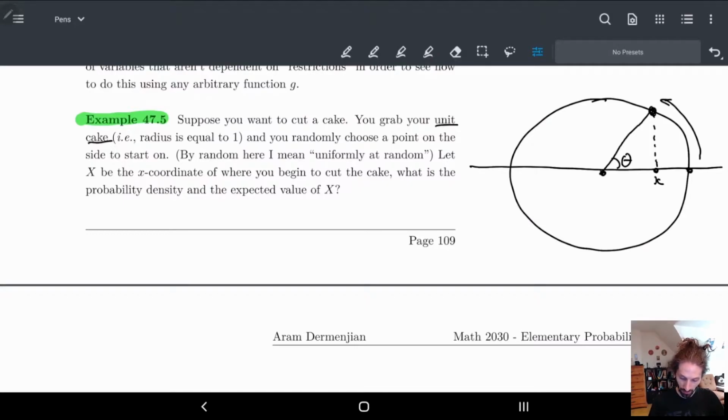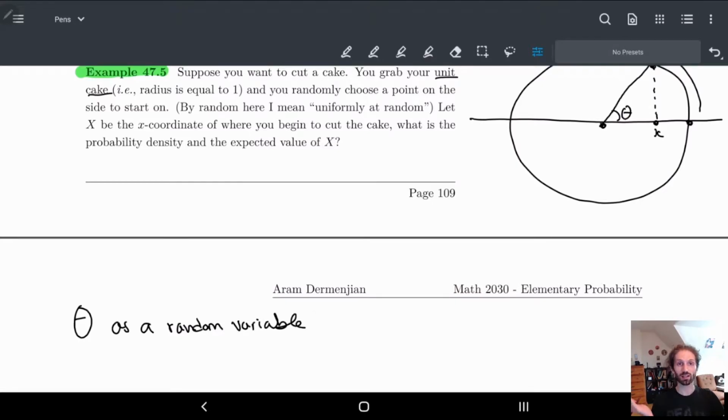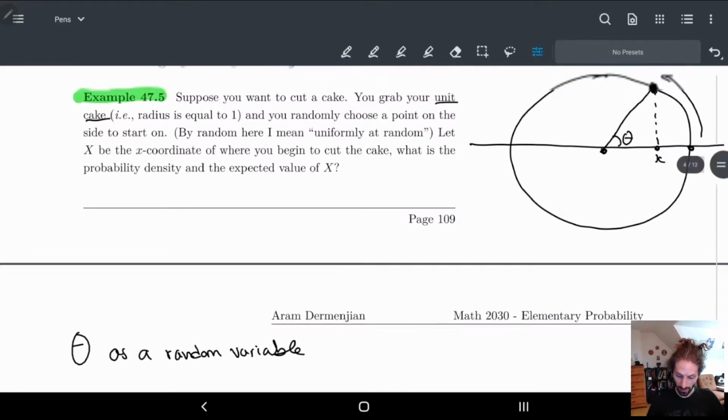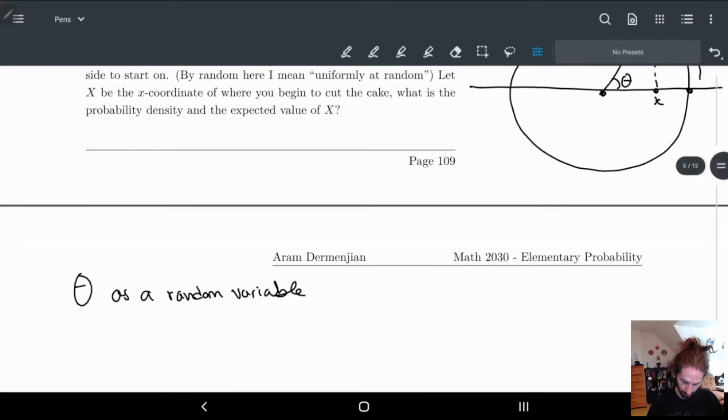So I can think of theta as a random variable, which is telling me my angle. And this angle is actually just going to be equal to where I am on this point. So the uniform distribution on 0 to 2 pi, right?